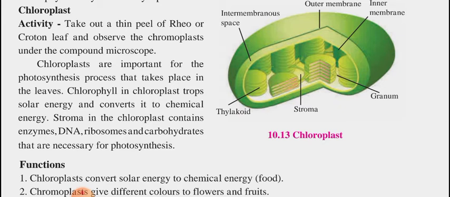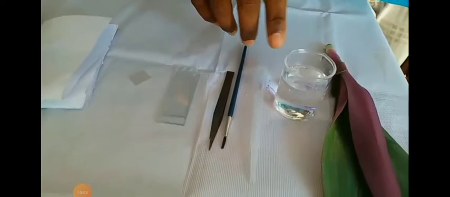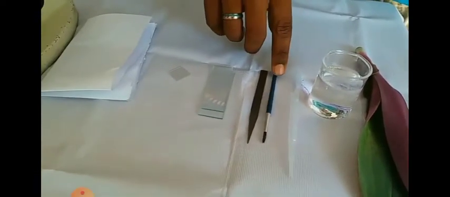Take out a thin peel of Rhoeo or croton leaf and observe the chromoplast under the compound microscope. So let me show you the same. Here is the observation. These are Rhoeo leaves. We are taking a solution.